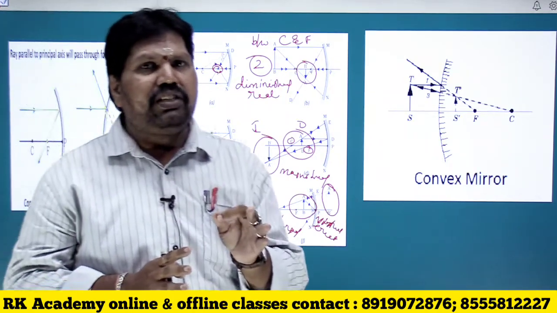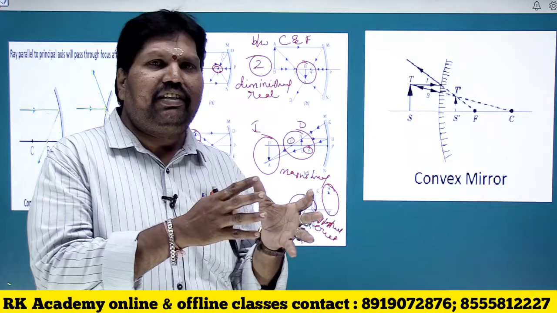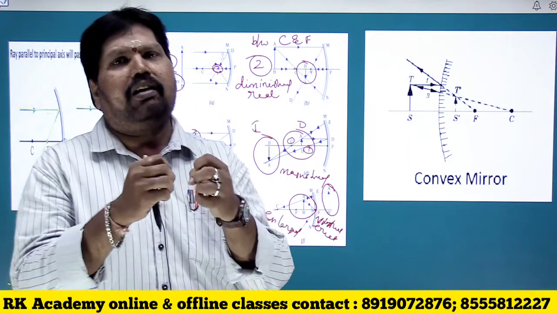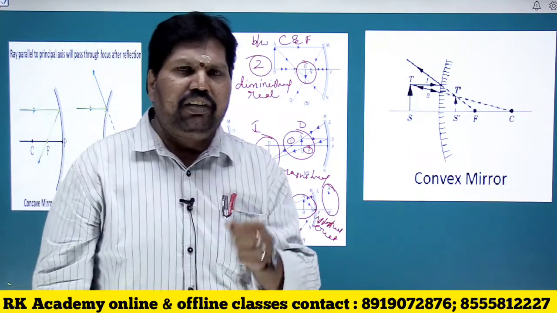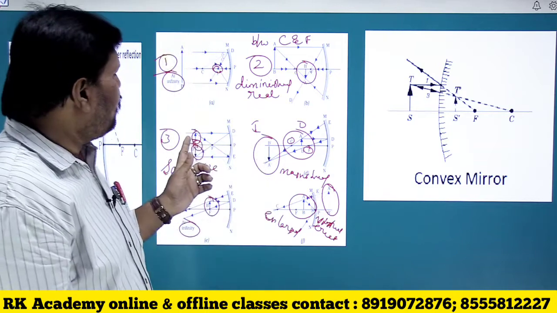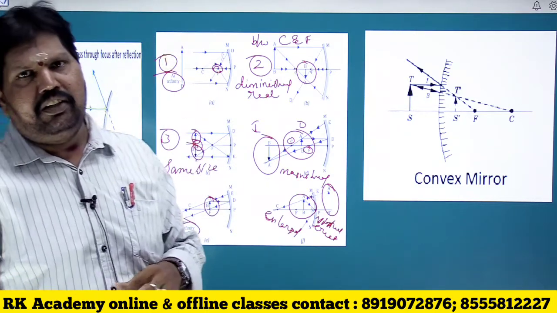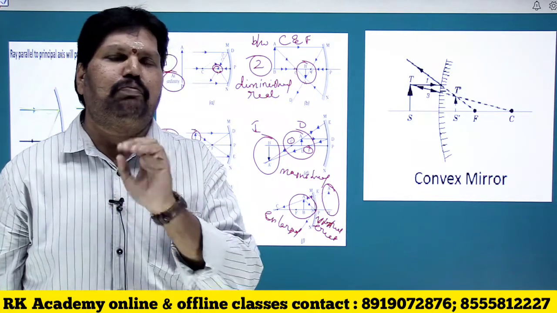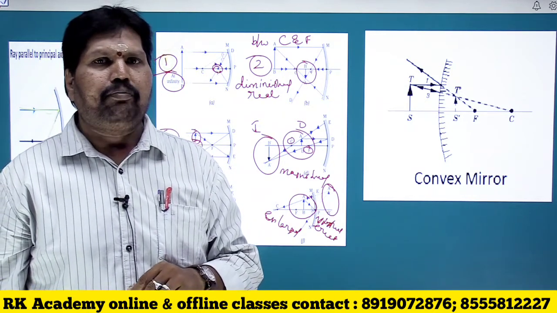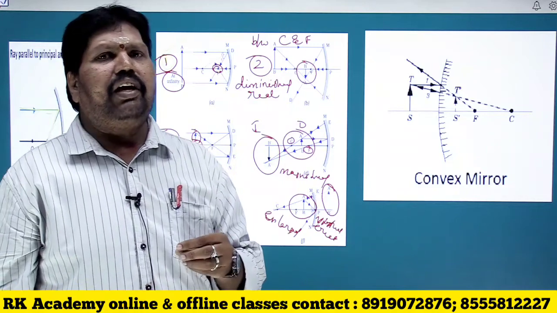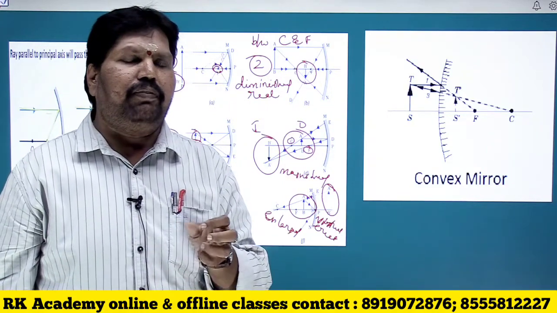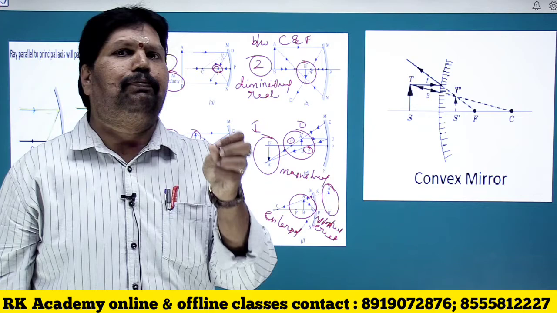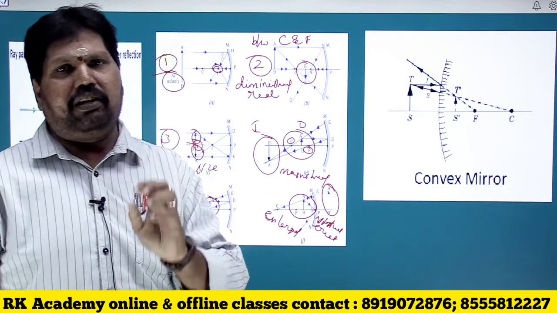At what position are the object and image both of the same size? When the object is kept at the center of curvature, the object size and image size are both the same. Okay, and where will the image be formed if the object is kept at focus using a concave mirror?